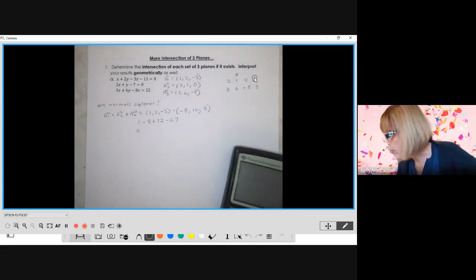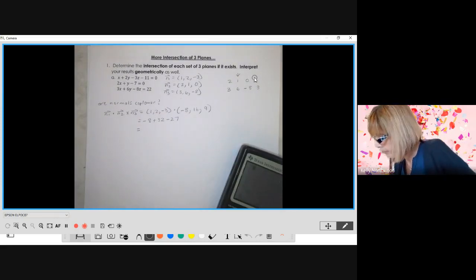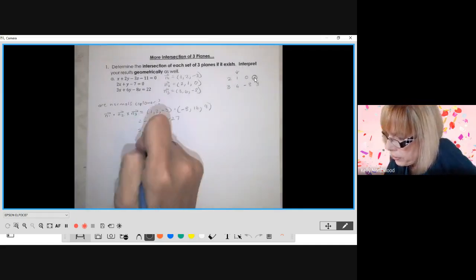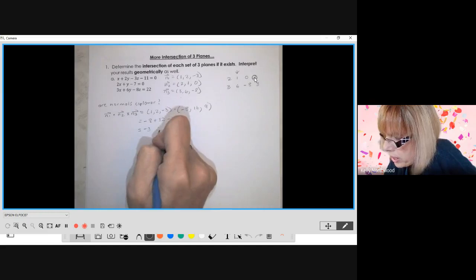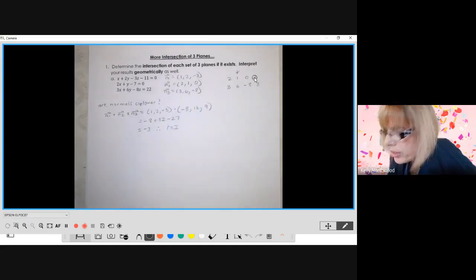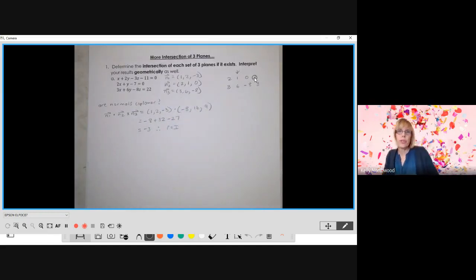And that's not 0. It's actually -3, which means we can guarantee we have a point of intersection because the normals aren't coplanar and we have no scalar multiples.